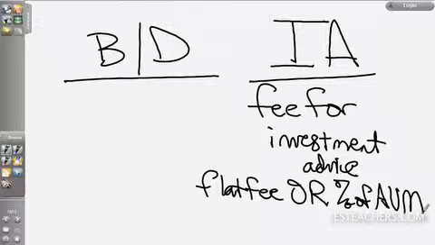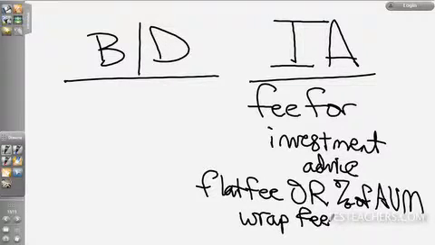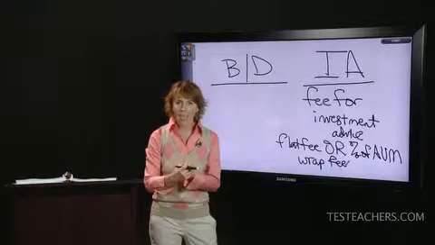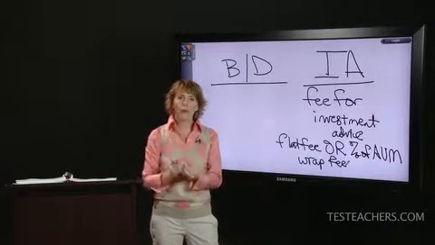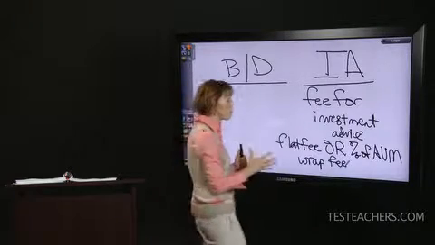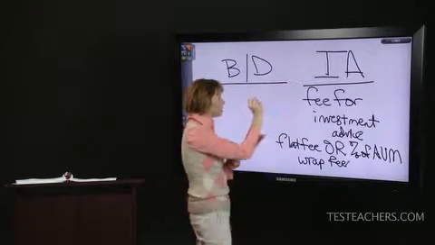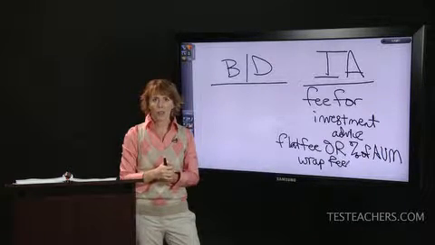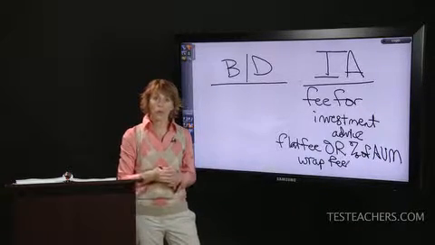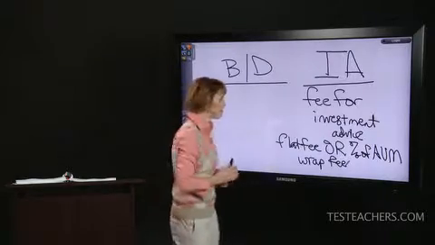Another term that we'll see here is what we call a wrap fee, or a separately managed account fee. A wrap fee is a fee that wraps together the fee for the advice plus the transaction costs. So if a wrap fee is charged, the firm must be an investment advisor as well as a broker-dealer. The firm must be both in order to charge a wrap fee.